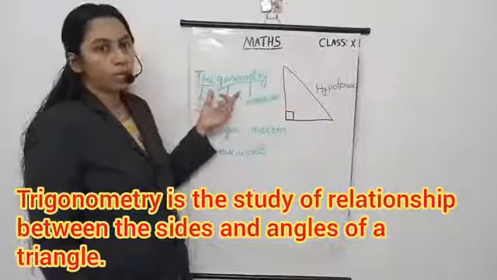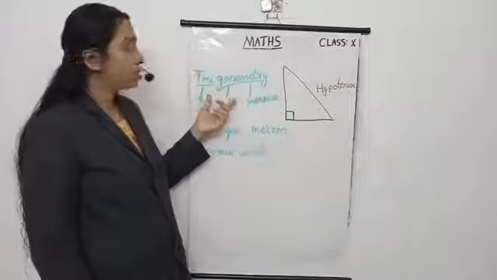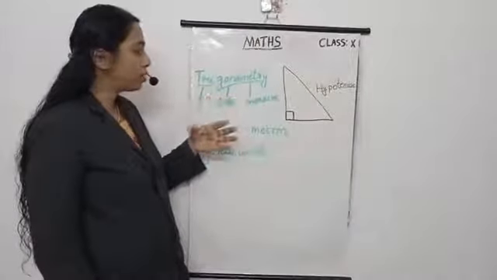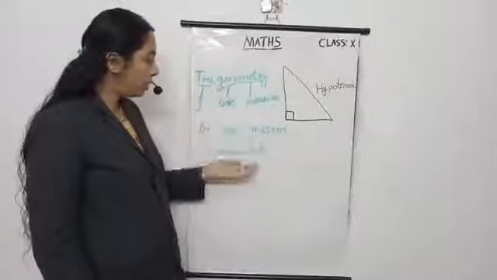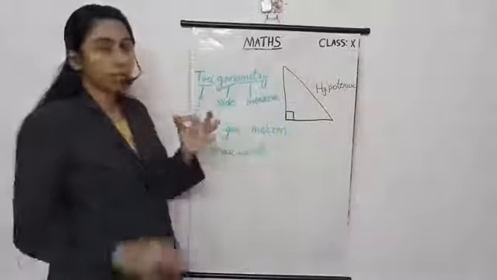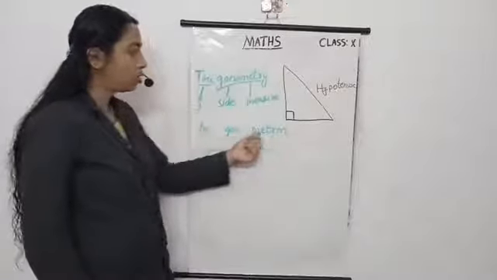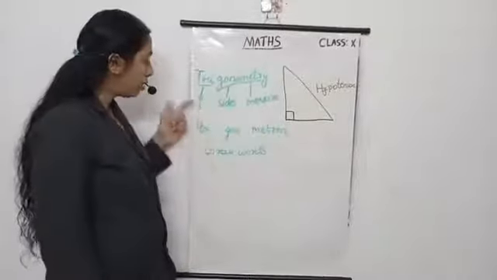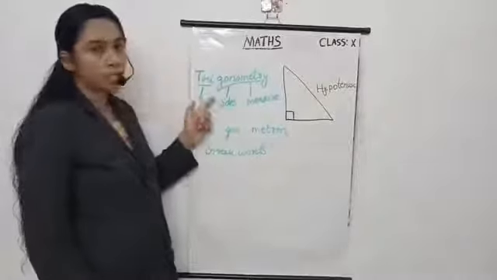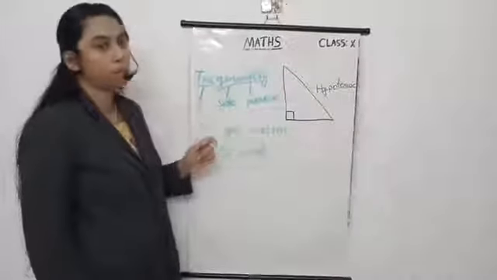The word trigonometry comes from three Greek words: tri, gon, metron. Tri means three, gon means sides, and metron means measure.